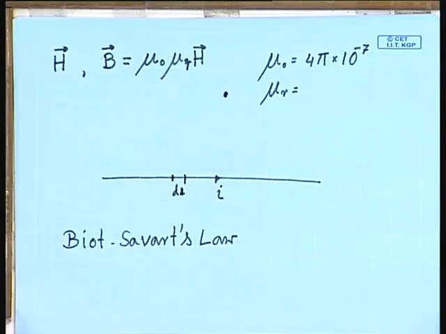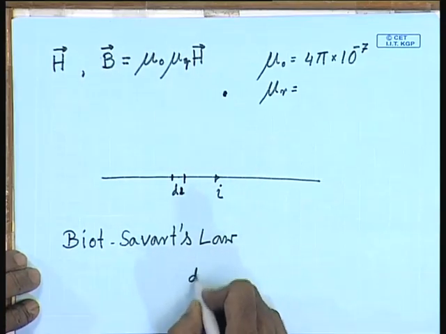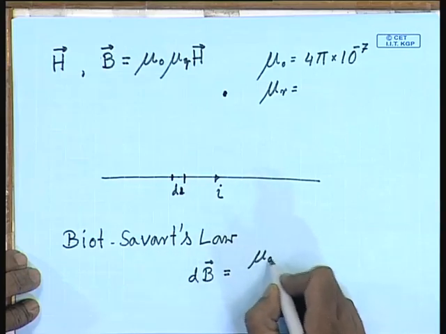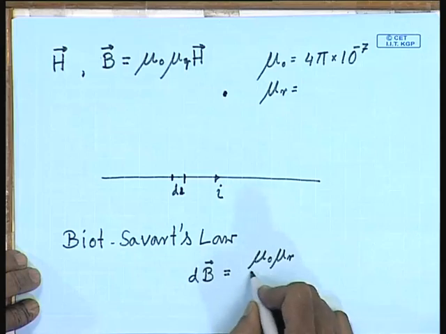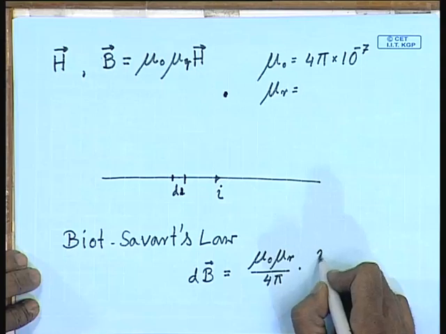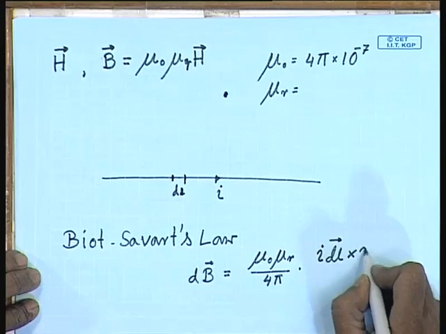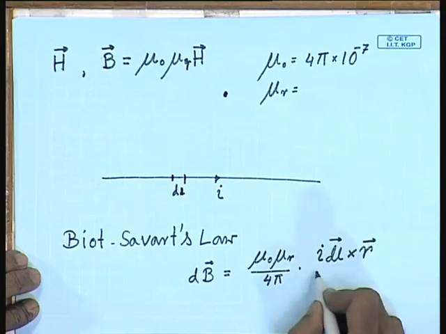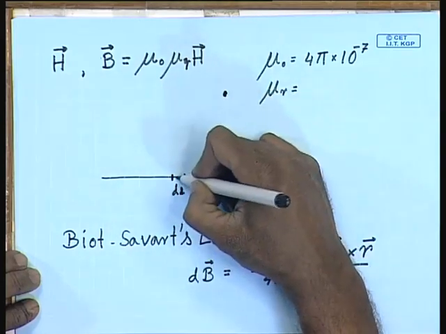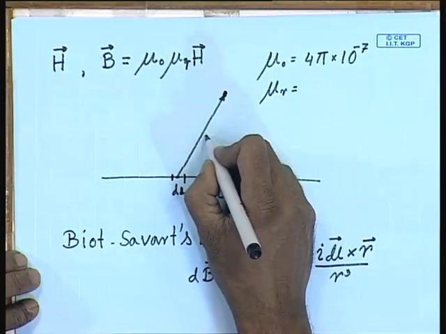Which says you can find out the incremental flux density dB from the formula dB equal to mu naught mu r by 4 pi into I dl cross r by r cube, where r is the position vector of the point from the incremental length dl.